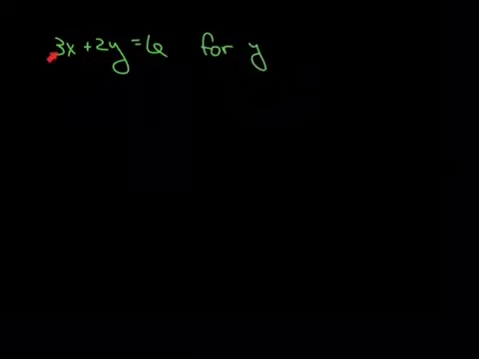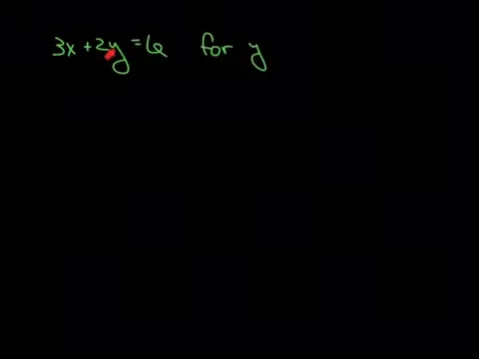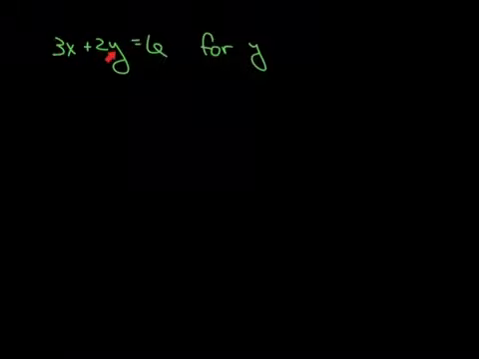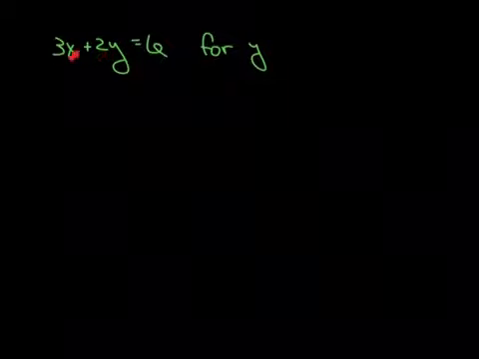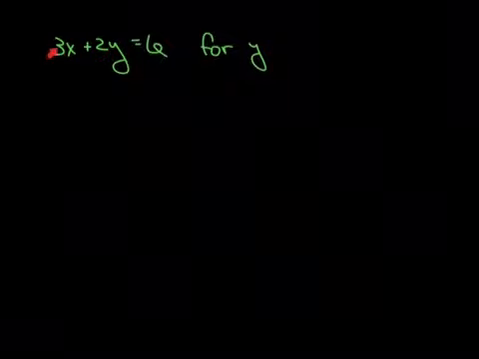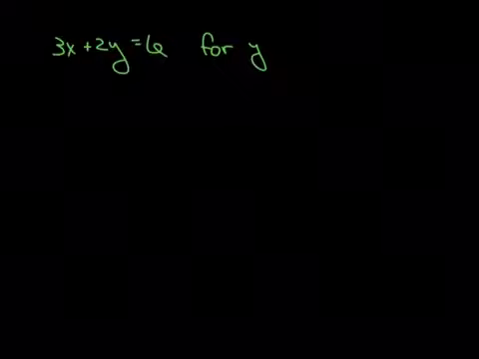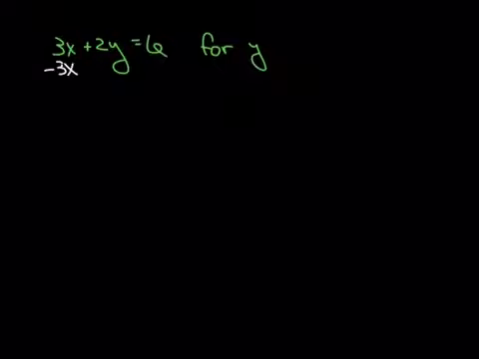So we're going to do this just like we've done the past ones. If we're trying to find y, we get rid of the numbers that are the furthest away from y. 3x. Now remember, 3x cannot be separated. If I move the 3, I also have to move the x. So I'm going to move them both at the same time. So 3x minus 3x is 0.